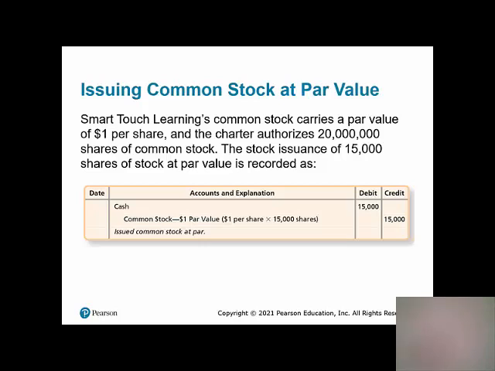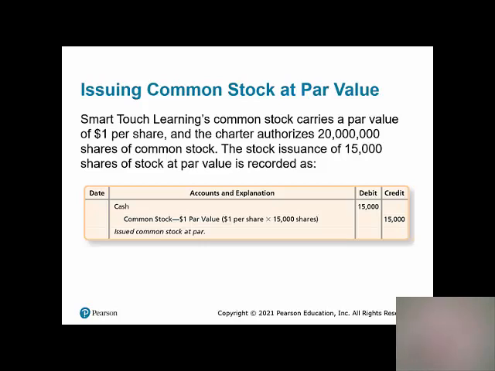So in the first example, we're going to look at Smart Touch Learning selling 15,000 shares of their par value stock for $15,000. So they're selling it for $1 per share, and that is also the par value.